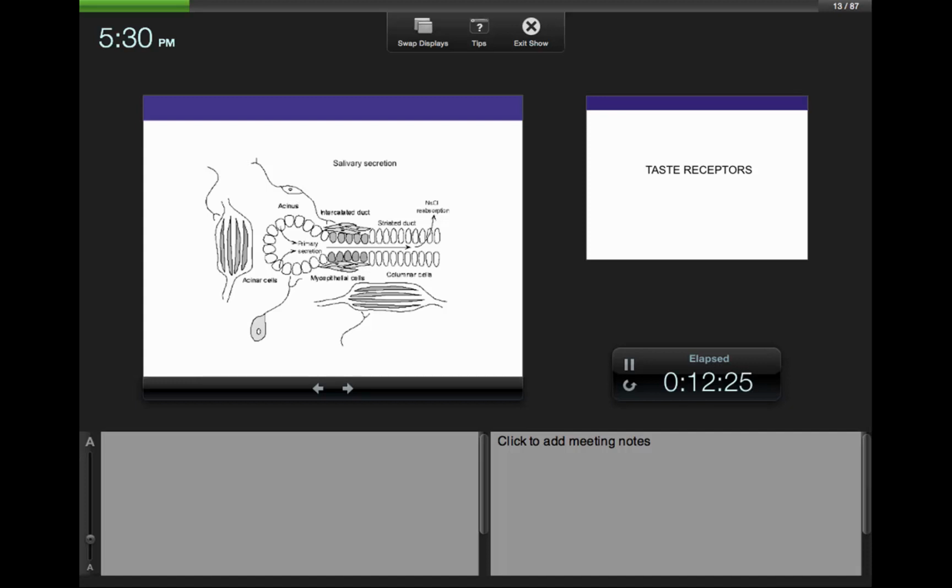Like a sweat gland would secrete fluid to the outside of your body. But salivary glands secrete fluid to the inside of your mouth, which is basically still the outside world. So acinar glands have two parts. They have an acinus, the bulb-like part, and then this tube is the duct. So it has two parts, the acinus and the duct.